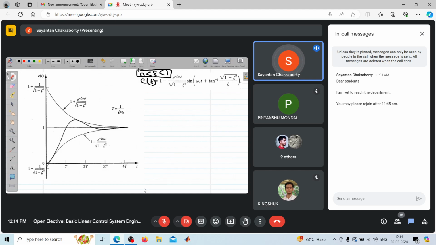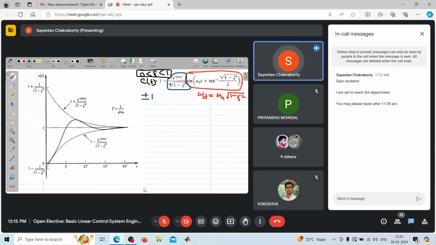For this case, this is the expression for C(t). Now see, there is a sinusoidal part with the frequency omega d, which is defined as omega n root over 1 minus zeta square. There is also a phase associated with it. And most importantly, with this, there is an exponential term. And this sinusoidal can have a value between plus and minus 1, right?